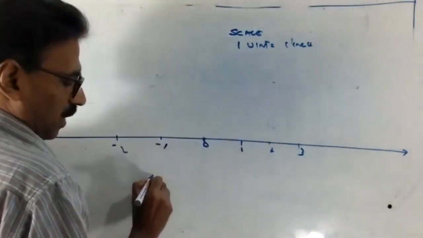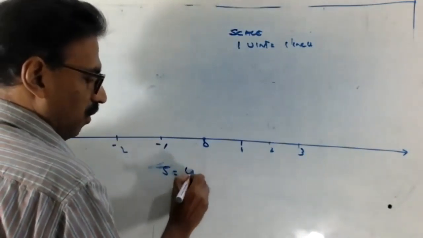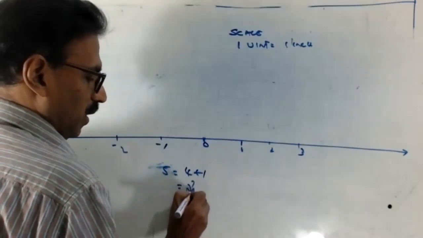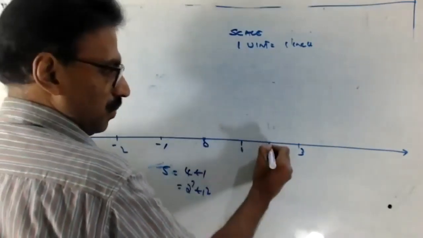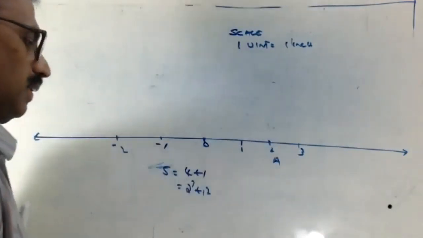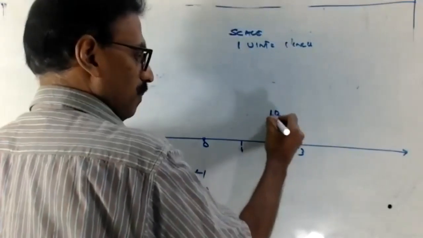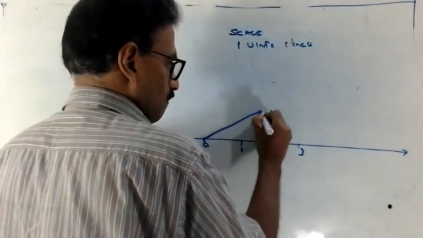We want root of 5. So 5 equal to 4 plus 1 equal to 2 square plus 1 square. So base here 2. Listen all, base is 2, A. Then height is 1, B. Join.